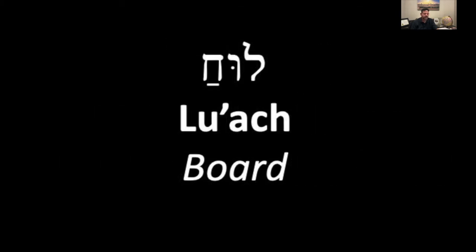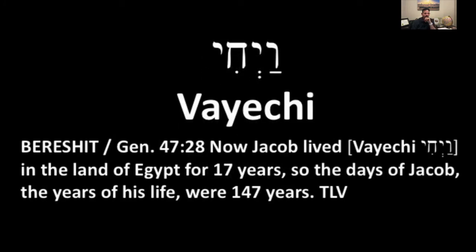Now, let's look at last week's Torah portion. We have Bereshit, or Genesis 47:28, and it says, Now Jacob lived, Vayechi, in the land of Egypt for 17 years. So the days of Jacob, the years of his life, were 147 years.